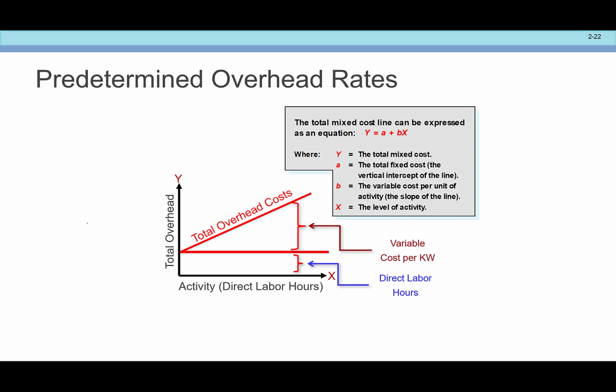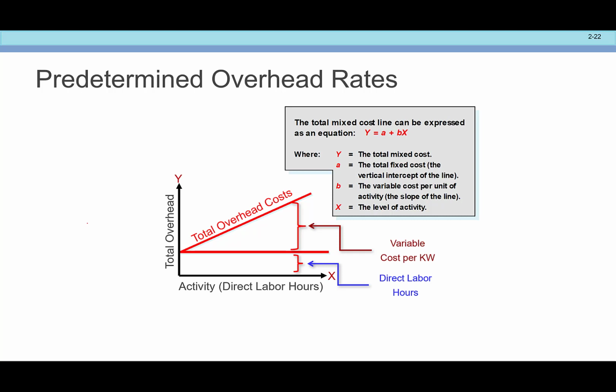Then they'll use that predetermined overhead rate to allocate their cost as they develop their product, because we have to allocate those overhead costs, right? We'll come up with some allocation base, and often it is direct labor hours. I want to warn you, though, that direct labor hours is used a lot in our examples, but it is not the only driver of our overhead costs, or the only activity that we'll use to figure out what our overhead costs are.